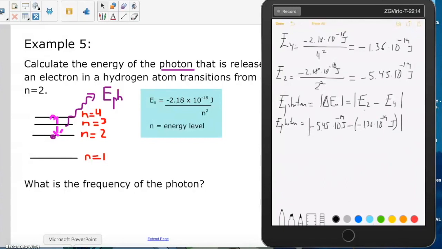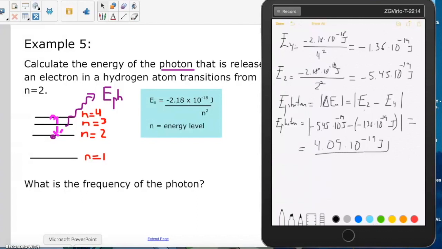So if I plug this in my calculator, minus 5.45 exponent minus 19 minus, open parenthesis, minus 1.36 exponent minus 19, close parenthesis, the number is going to be minus 4.09 times 10 to the minus 19, but as I have an absolute value it is going to be positive, so it's going to be 4.09 times 10 to the minus 19th joules.